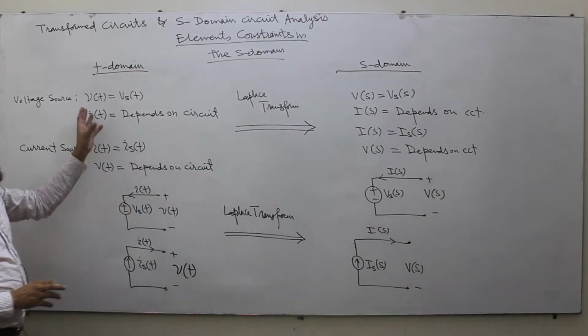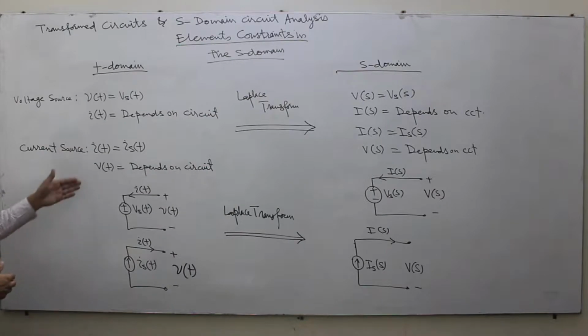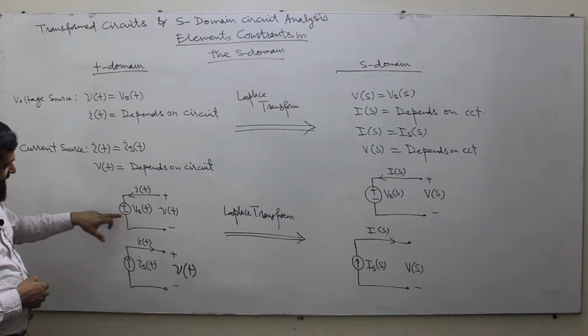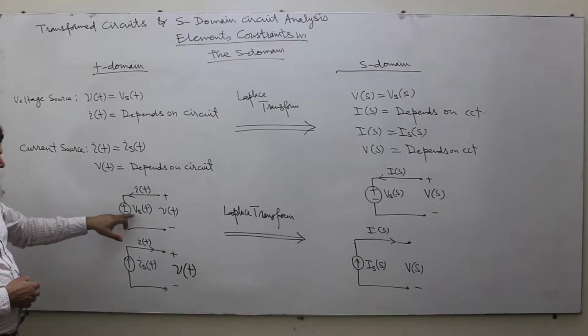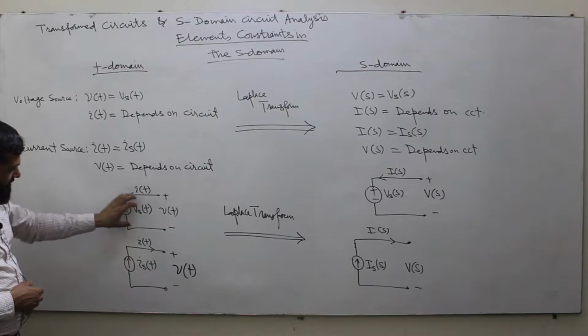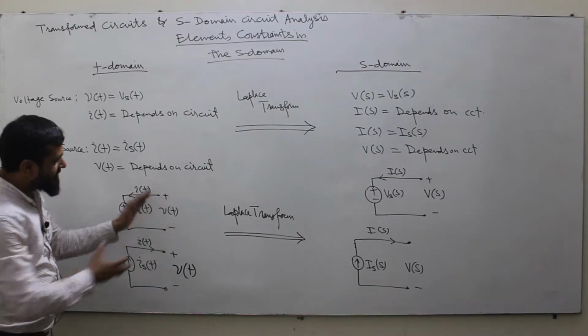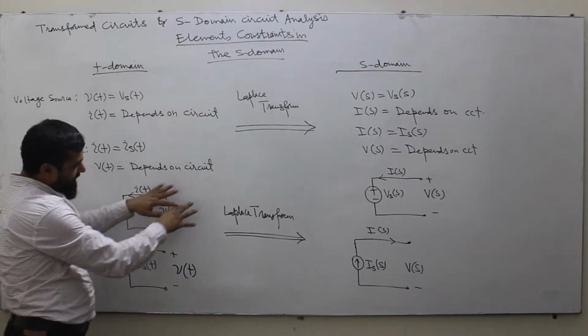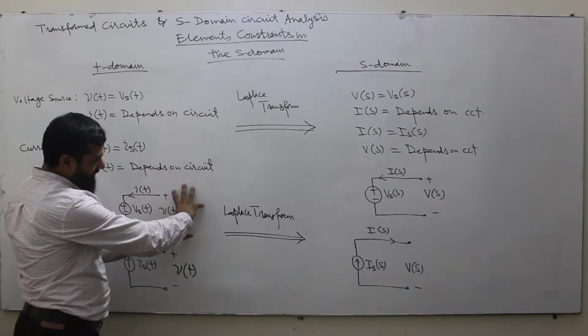If we would like to show these things with the help of circuits, you can see in this circuit that this is the voltage source. The current will be dependent on the circuit, and this voltage is the voltage supplied by this source to the external circuit, whatever is connected on this side.